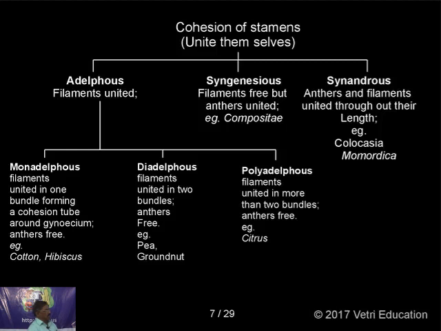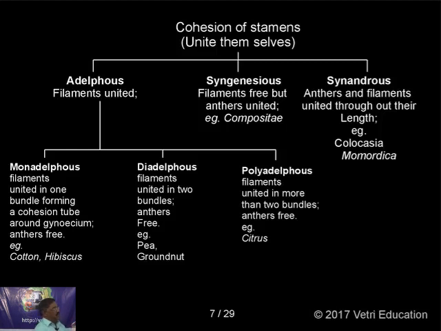The second one, diadelphous, filaments united in two bundles, anthers free. Example pea and groundnut, example Fabaceae family. The third one, polyadelphous condition, where the filaments are united in more than two bundles, anthers free, example citrus. And the next one, the syngenesious condition, where the anther lobes are united and filaments are free.